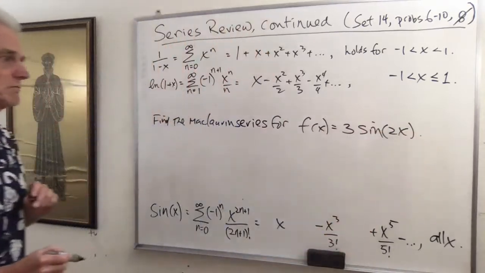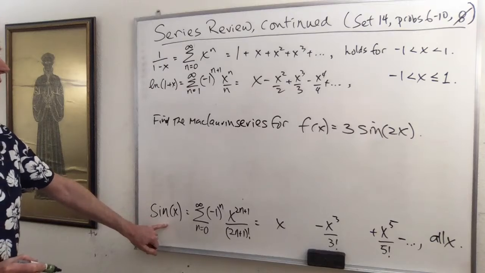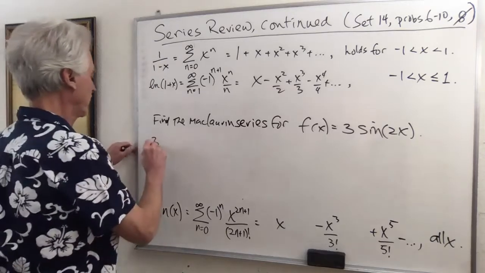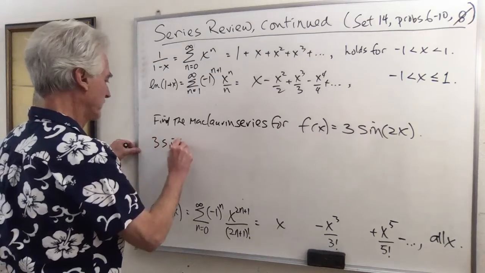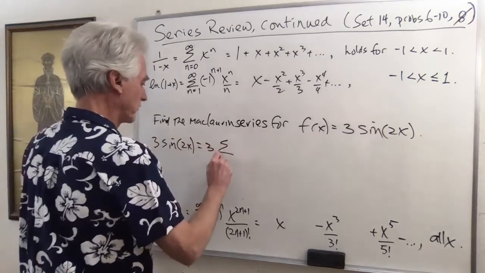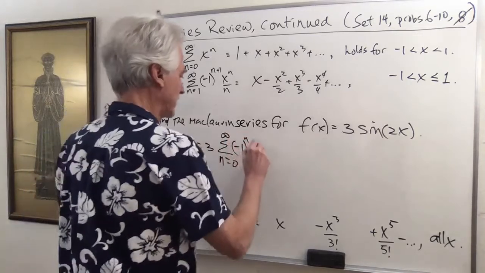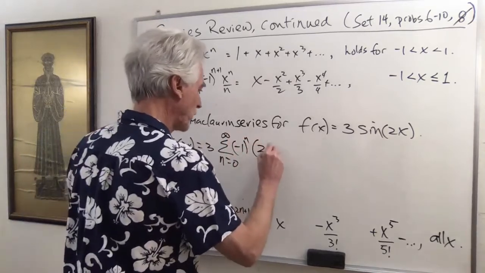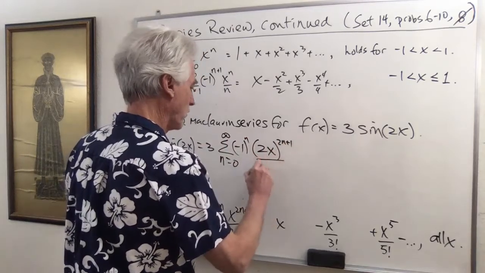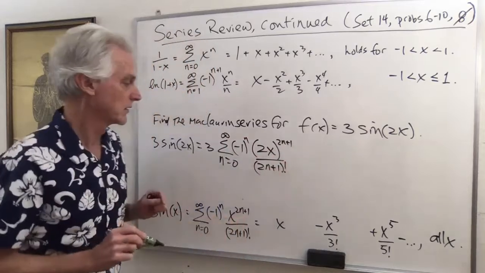Well, I just use this guy here. I just substitute in 2x for x, and I get 3 sine of 2x is going to be 3 times the sum from n is 0 to infinity of minus 1 to the n times 2x to the 2n plus 1 over 2n plus 1 all factorial.